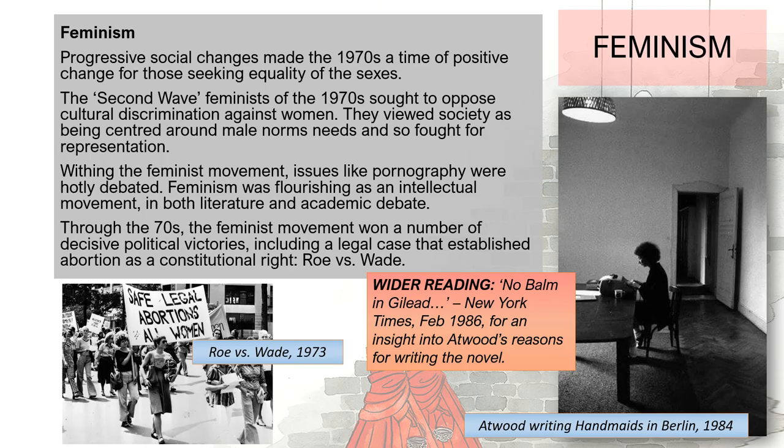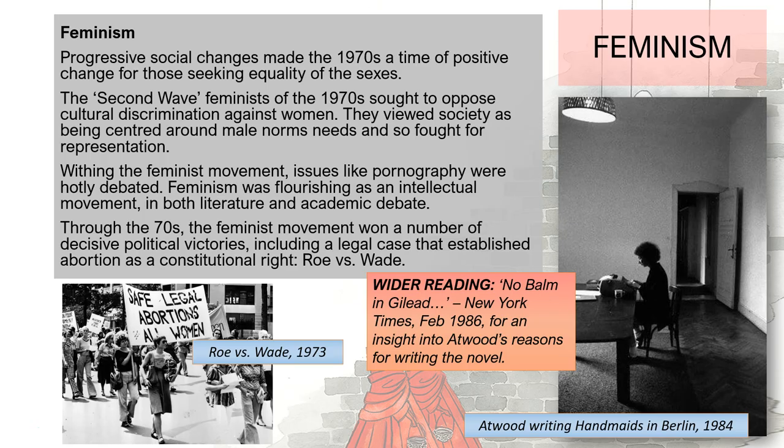These second wave feminists of the 1970s viewed society as fundamentally biased against women, and they sought to oppose what they saw as this sort of social discrimination. They attacked male norms in society and fought for greater representation of women.